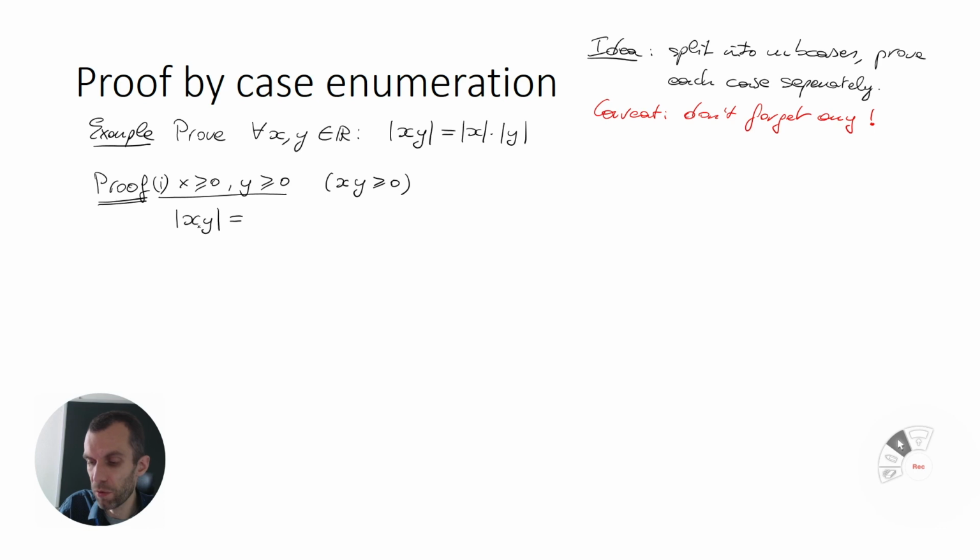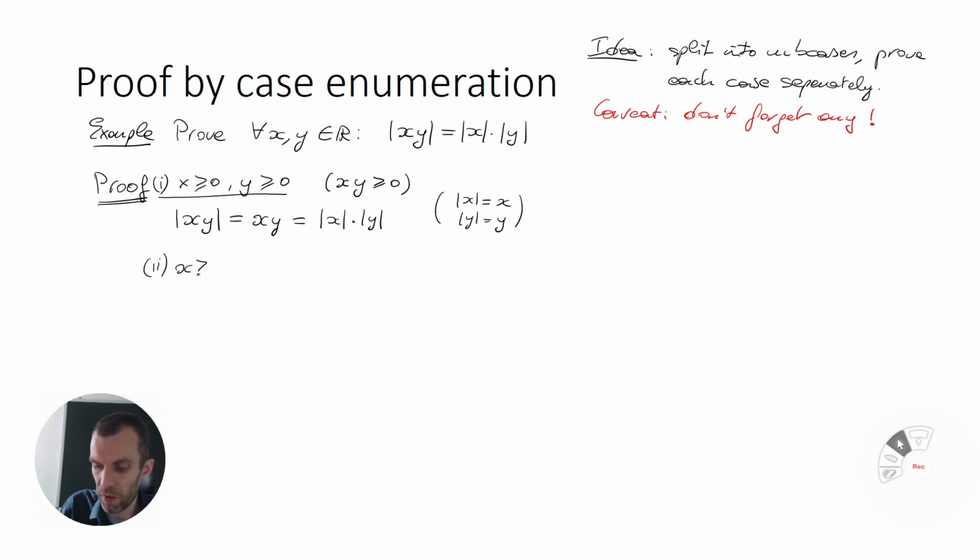So then the absolute value of xy is just xy. And that is absolute value of x times absolute value of y. Because for positive x, the absolute value is just the number itself. So that gives us the thing to prove when both arguments are non-negative.